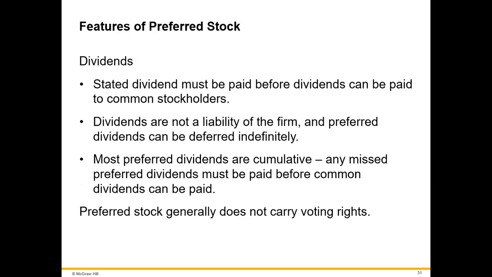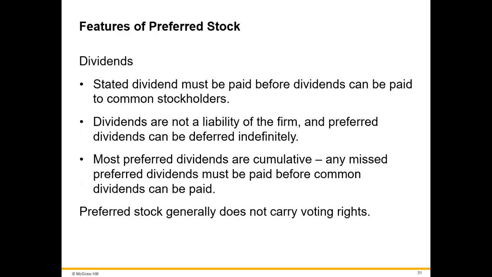Another type of stock is called preferred stock. And stock is stock, it's ownership, but they have different rights and characteristics. When you are a preferred shareholder, you normally do not get to vote.